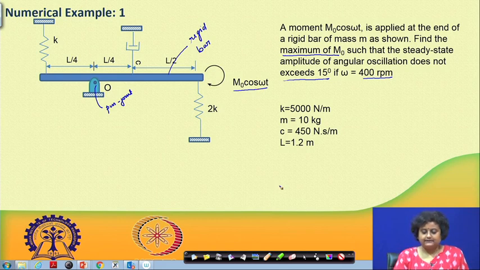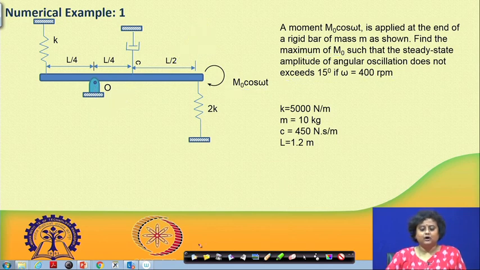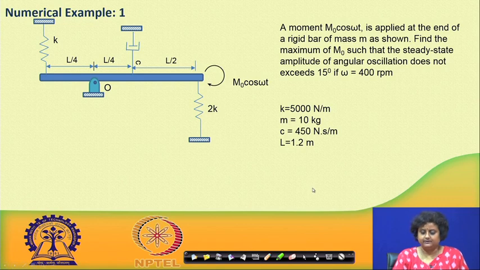So, let us try to solve this problem. The first thing that we need to do is to obtain the equation of motion of this system. In order to find the equation of motion, as we know, it is always better to draw the free body diagram. So, let us draw the free body diagram of the system.